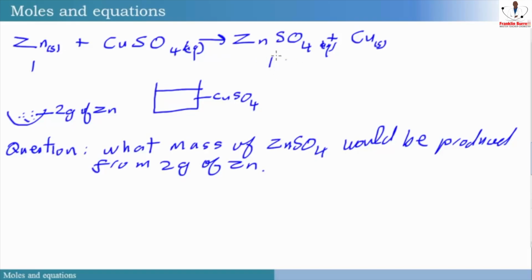And after we know the moles of zinc sulfate, we can find the mass of zinc sulfate from the moles of zinc sulfate. So, whatever the moles of zinc is from your calculation, the same mole will be for zinc sulfate because the mole ratio is 1:1.